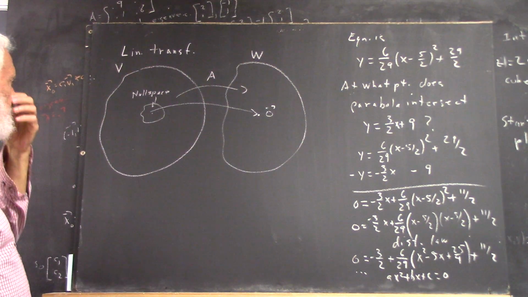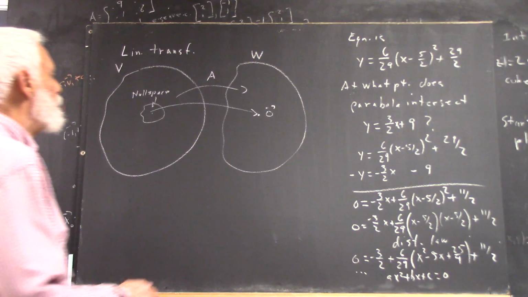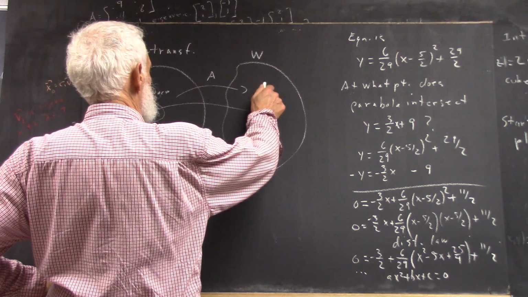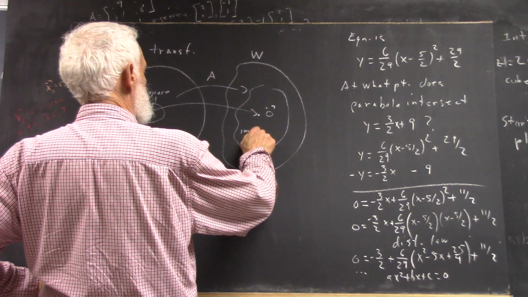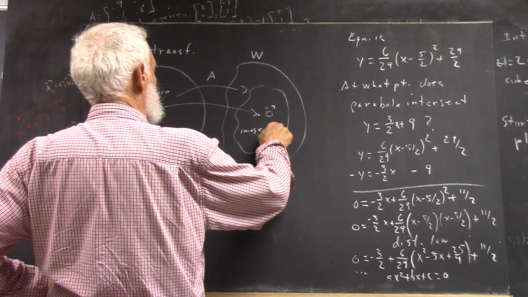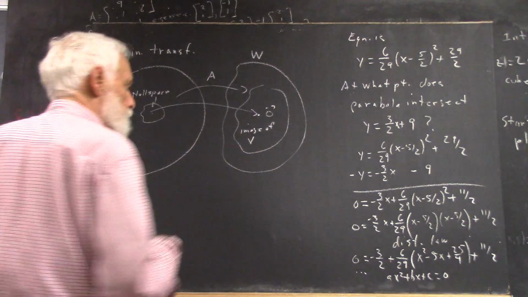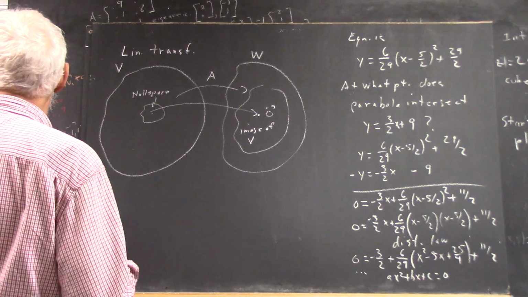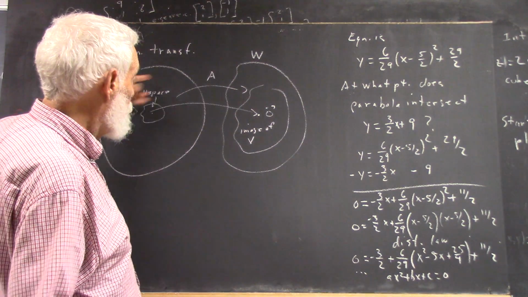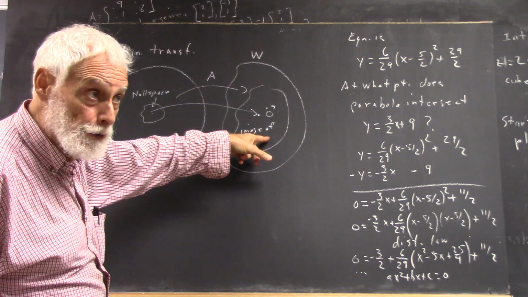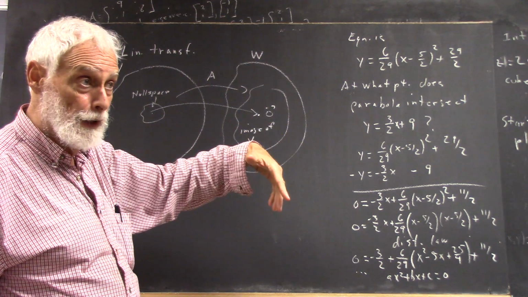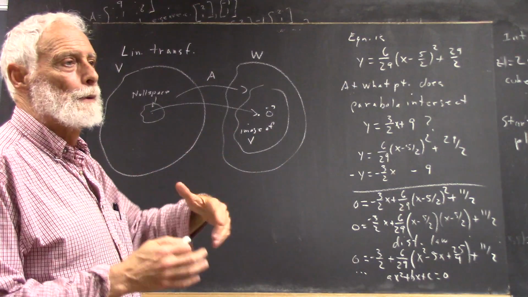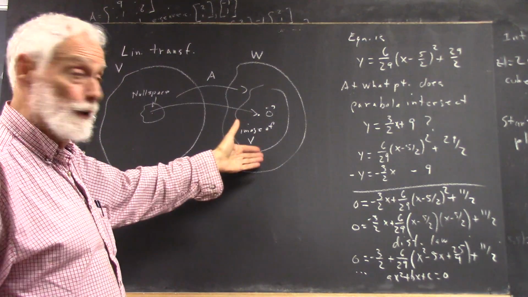And then we have the image of the space V. That's the set of all the vectors that you actually get over here in W. And the reason I talk about this now is we just saw an example of a couple of vectors that you can add and don't get something in W, right?